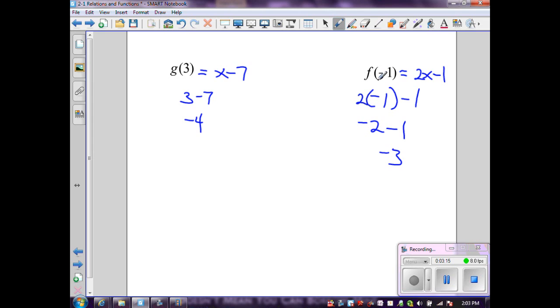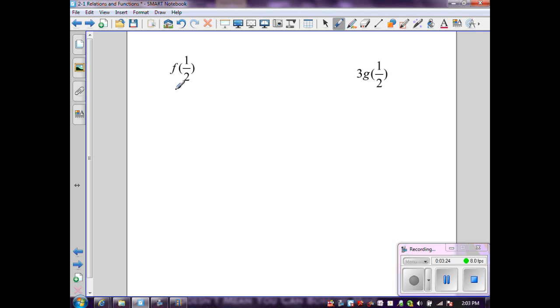Input value of a negative 1 gives me an output value in my f function of a negative 3. A couple more examples. F of 1/2. Our f function is going to be 2x minus 1. Substituting, 2 times 1/2 minus 1 gives me 1 minus 1, which gives me 0.